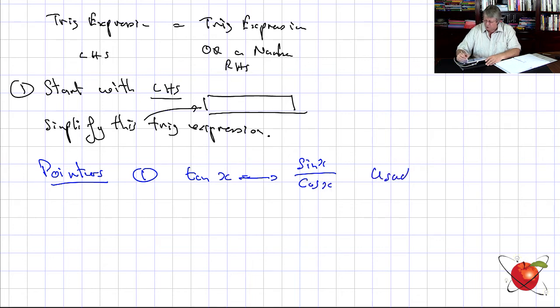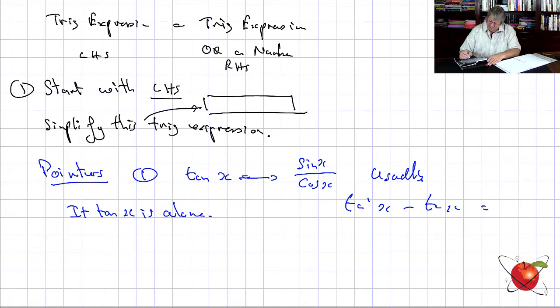I say usually, because you could, for example, have tan squared x minus tan x equals something. You could factorize that. So usually it's sine x over cos x, and usually this is if tan x is alone. If tan x is alone, we usually do that.